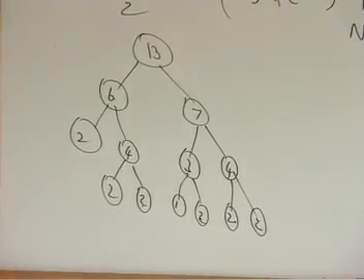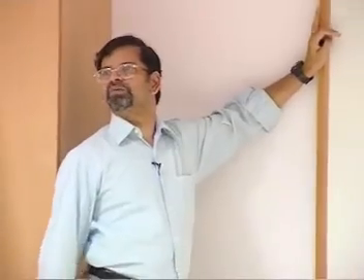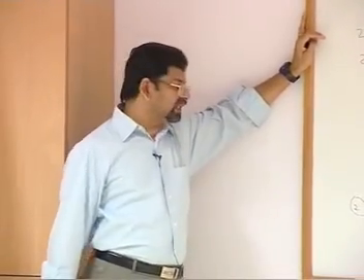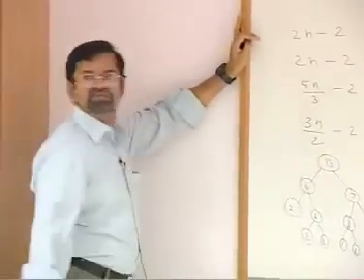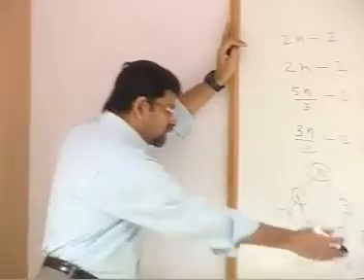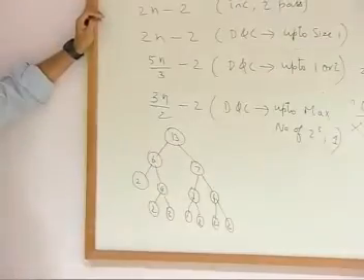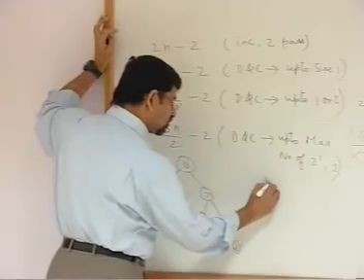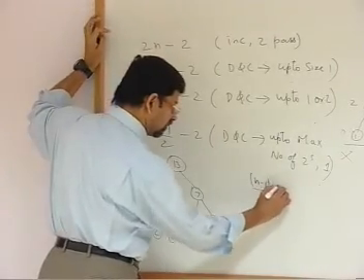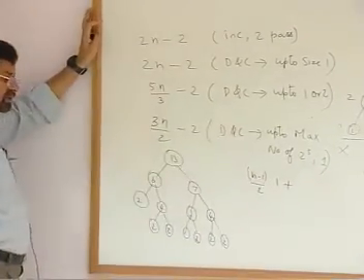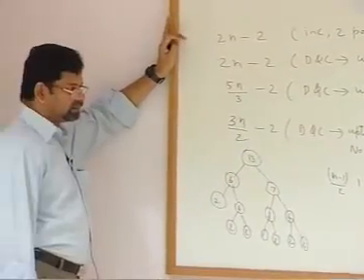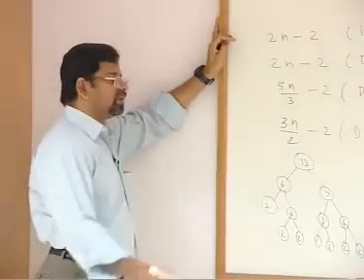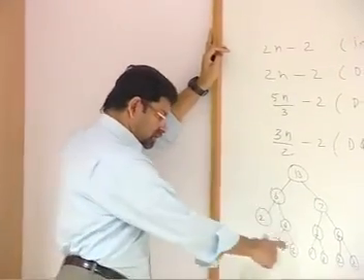Okay. So how many leaves are here? There are 7 leaves. So there will be 6 internal nodes. Of the 7 leaves, one of them is contributing 0, the other 6 of them are going to contribute 1. Therefore, there is n minus 1 by 2 into 1 plus n minus 1 by 2 plus this one.